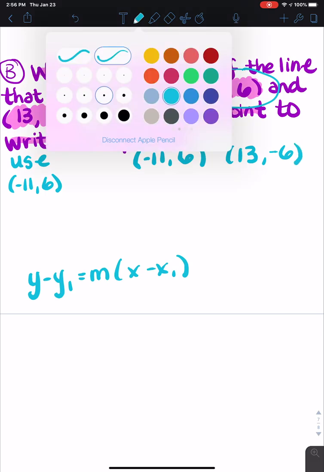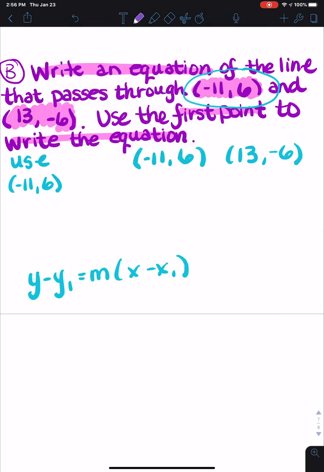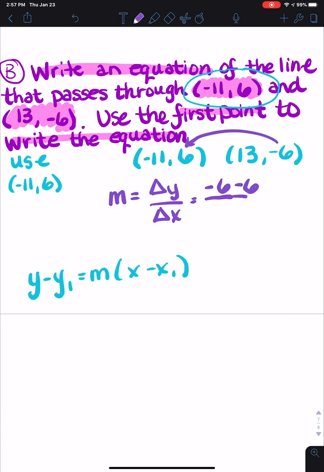But if I have two points, then to find my slope, I'm going to do my change in y over my change in x. So to do my change in y, negative 6 minus 6 would be negative 12.